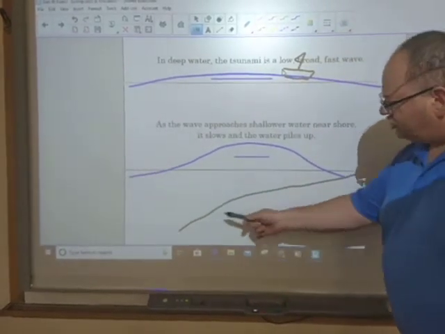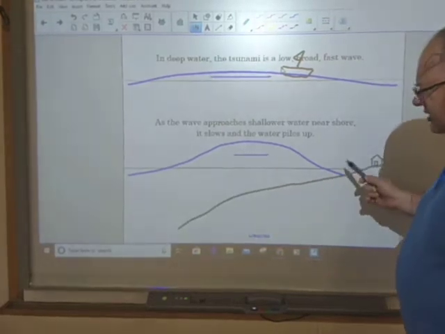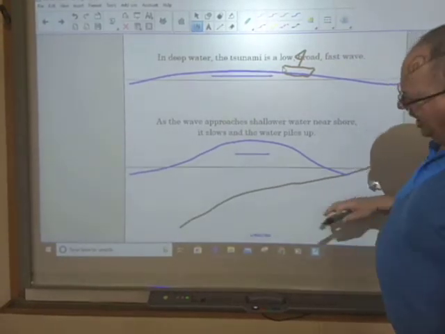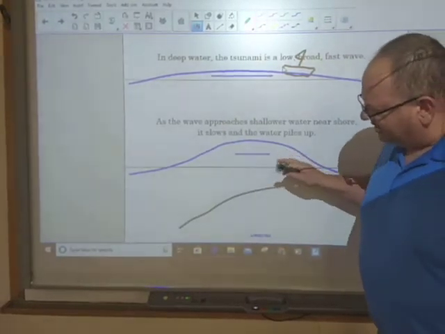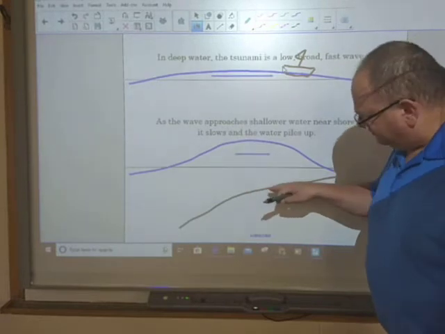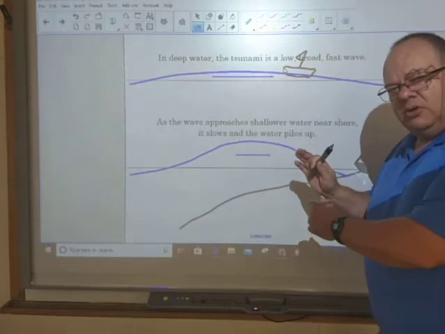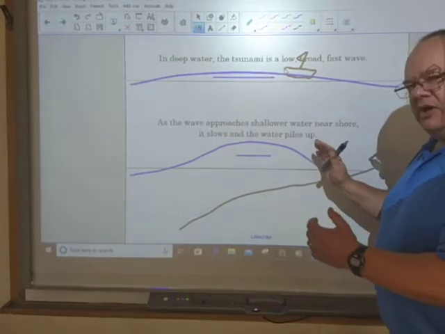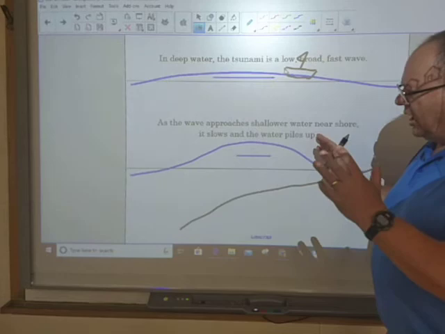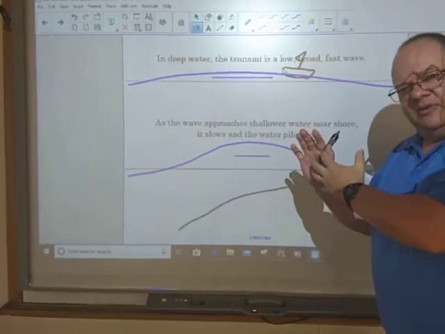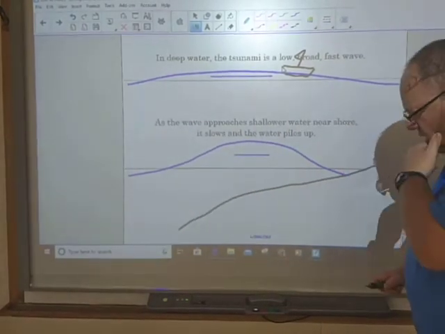Because as it approaches shore, the sea level is getting shallower. And that means this wave, this energy, is interacting with the seafloor, and the front end of the wave slows down. So if the front end of the wave slows down, the rest of the wave piles into the back, and it piles up.